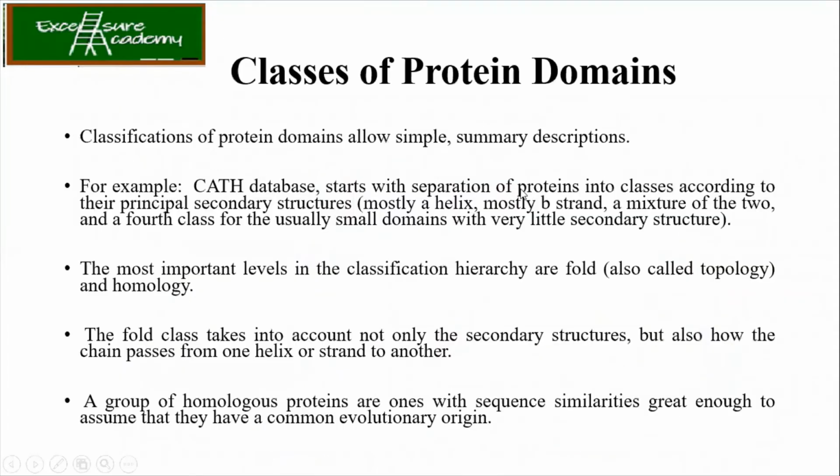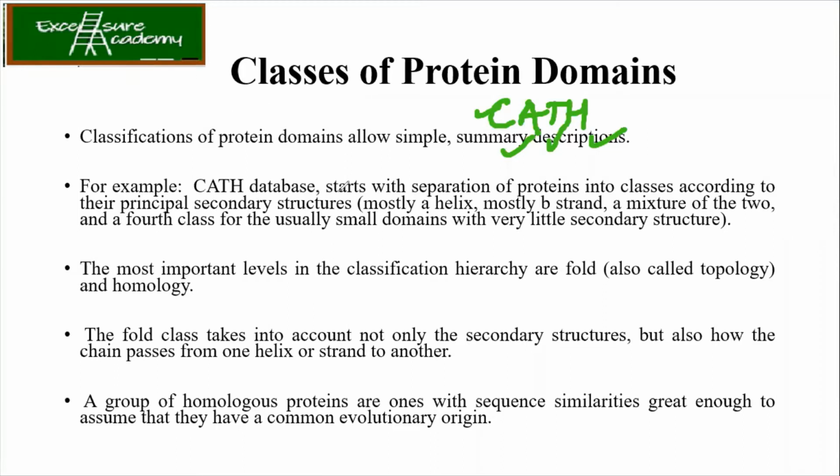Now, what are the different classes of protein domains? In order to classify the protein domains, a database is used. What is the database called? CATH. This is important to remember. It is called CATH: class, architecture, topology, homology. Classification of protein domains allows a simple and summary description.